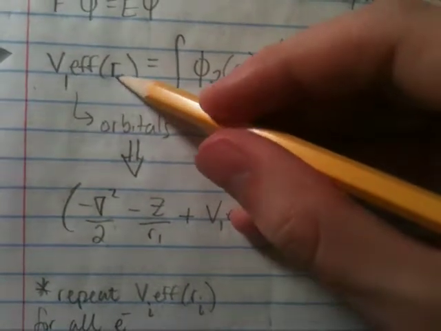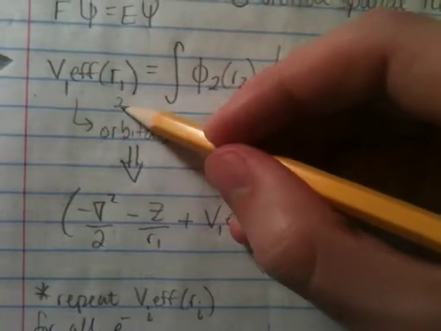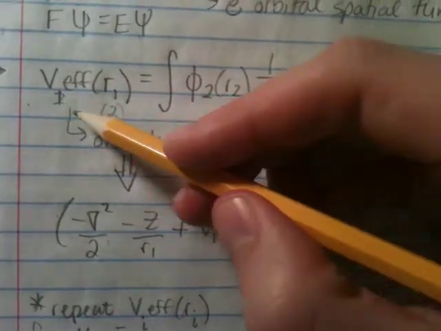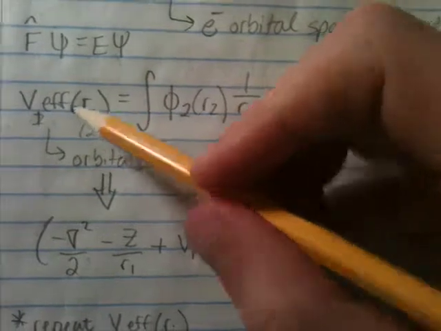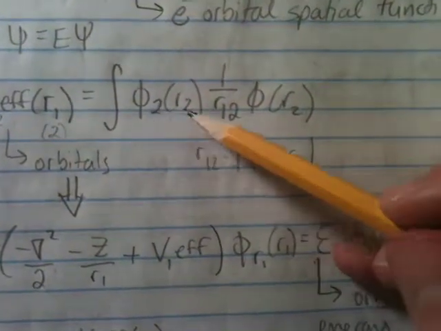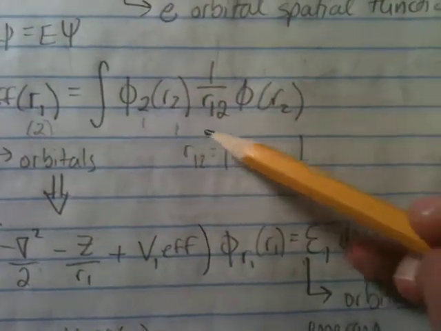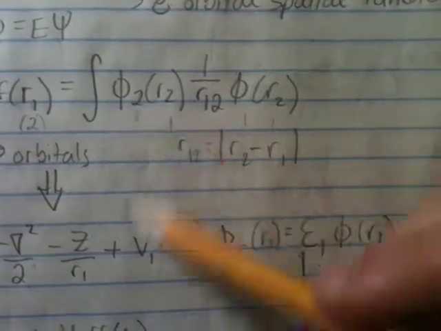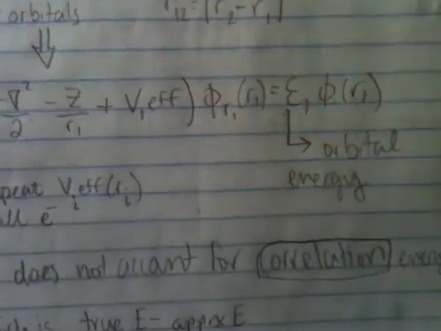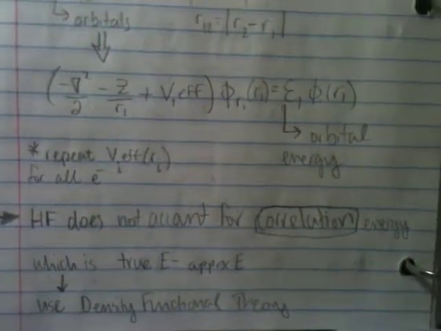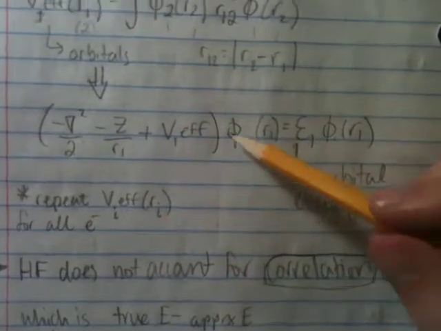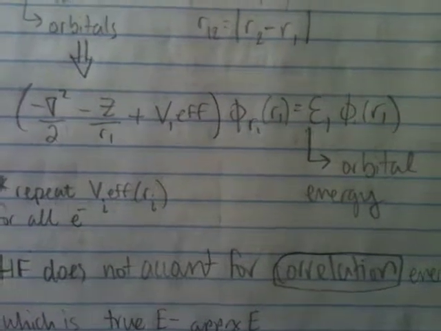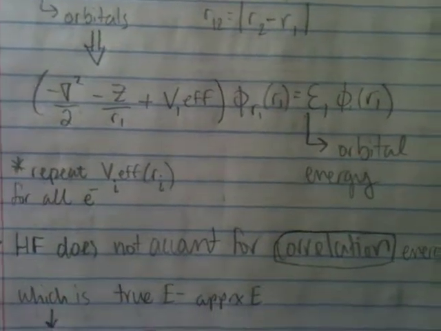This would change to V2 effective for electron 2, and then these change to 1 and 1. This stays the same. Using this Hamiltonian, you get your orbital energy. So that's fun, and you can use that for other things, which we'll talk about.